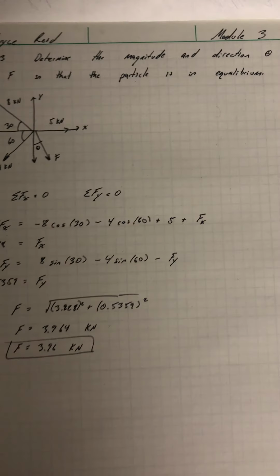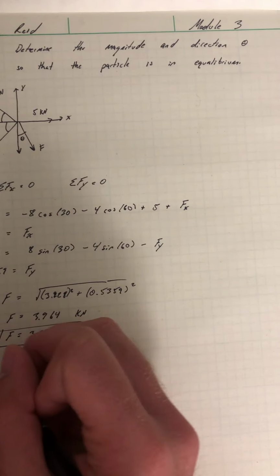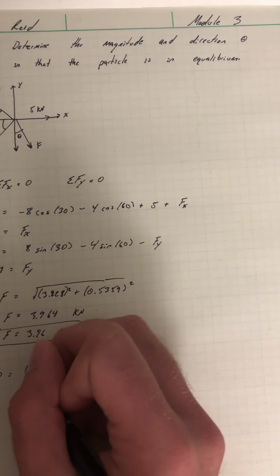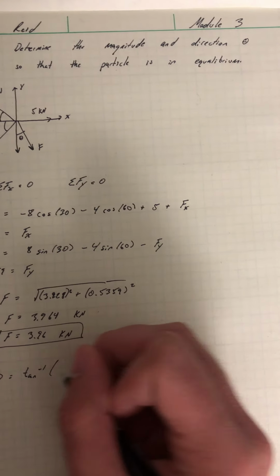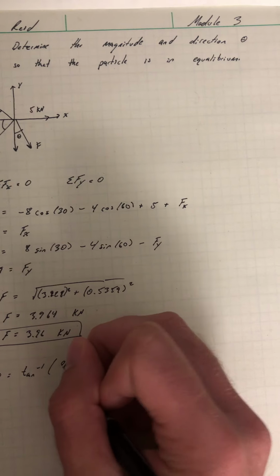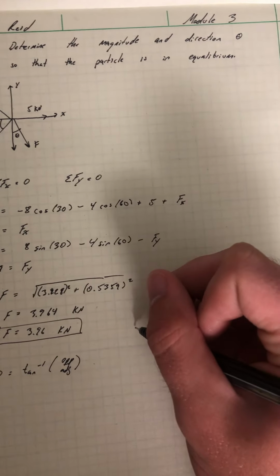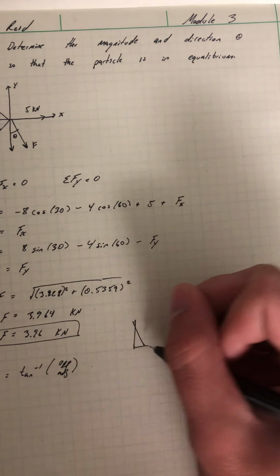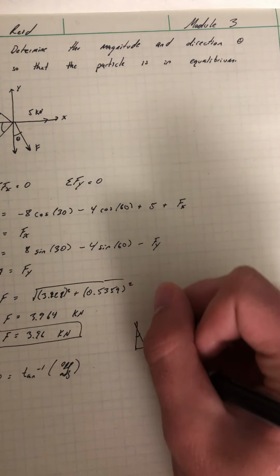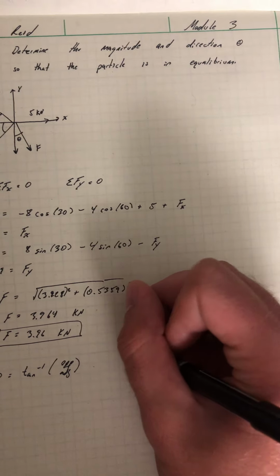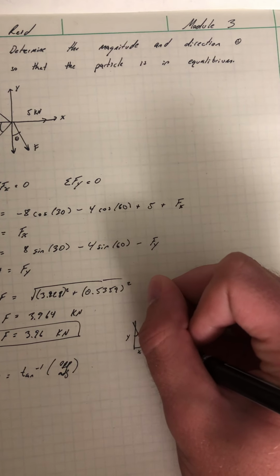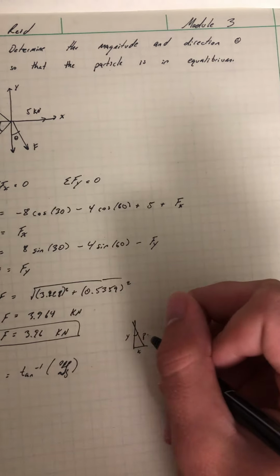And now we have to find the angle. We know the angle is going to equal tangent, opposite over adjacent. A triangle here is going to look like this. We're looking for this angle, and this is our y and x. We're trying to find this, which is our final force.